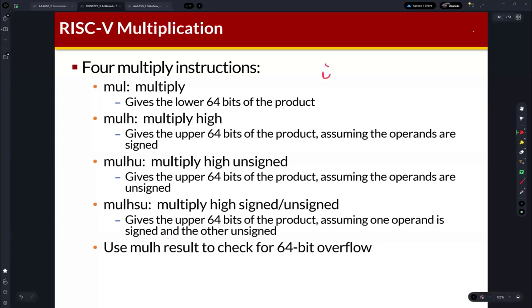We learned that the integer RISC-V is the baseline of the RISC-V instruction set. And in order to use other instructions, we need to add some extensions. So for multiplication, we need to add the multiply or divide extension, okay?